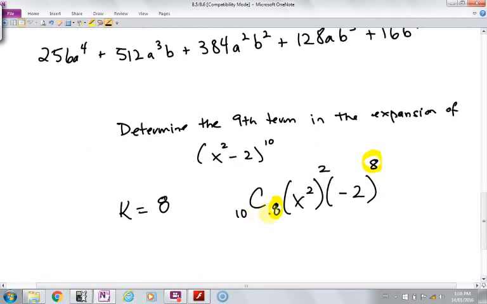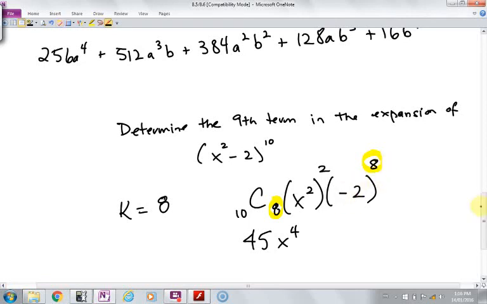What is 10 choose 8? You could put it in your calculator or you could do it in your head. We did this one in our head yesterday, I think. It's 45. x squared squared is x to the power of 4. Minus 2 to the power of 8. Is it going to be positive or negative? Positive, because it's an even exponent.